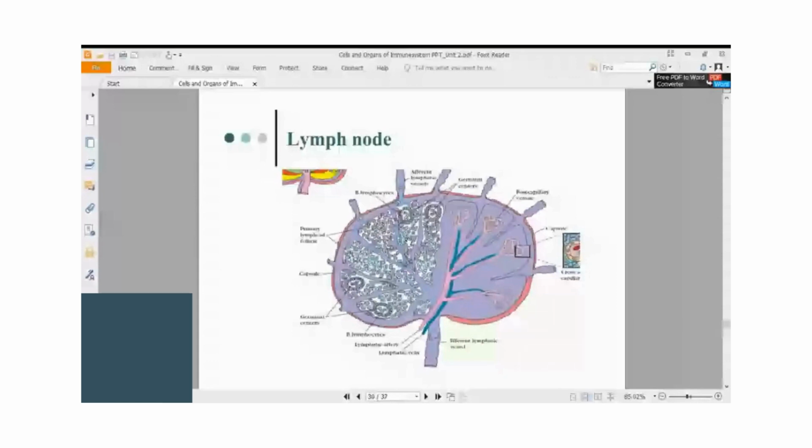Similarly, for the H antigen of salmonella, one B lymphocyte will commit; for the Vi antigen, another B lymphocyte; for the O antigen, another. Three different B lymphocytes committed to three different antigens will be responsible for independent production of three different antibodies.